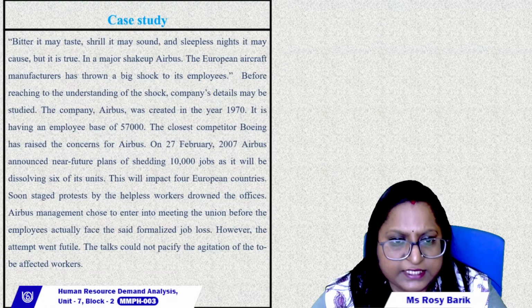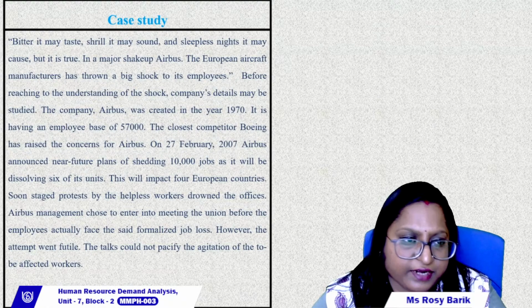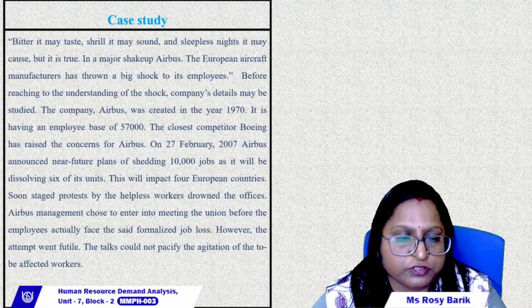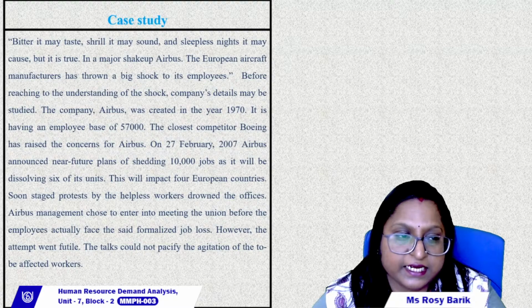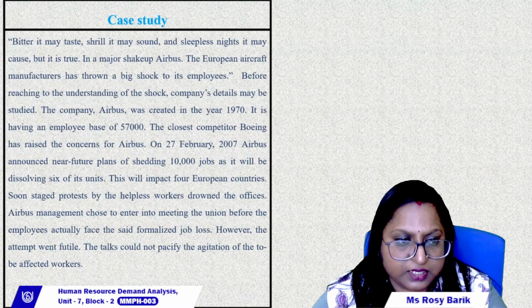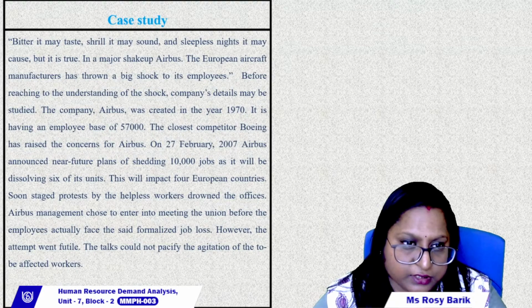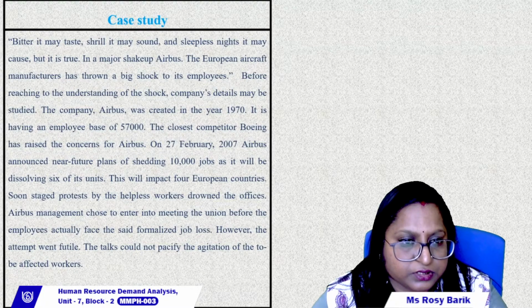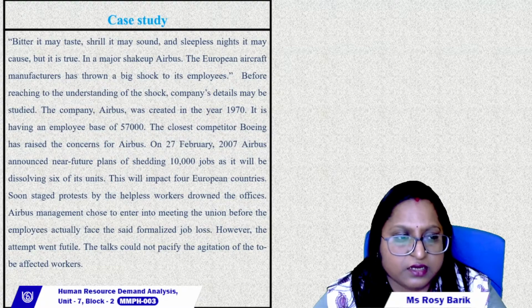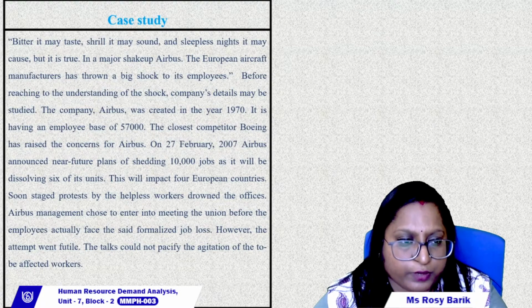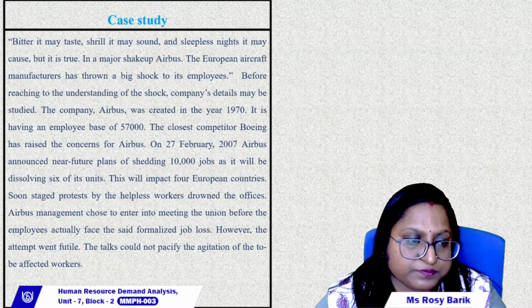On 27th February 2007, Airbus announced near future plans for shedding 10,000 jobs as it will be dissolving six of its units. So, this will impact four European countries. Soon protests were staged by the helpless workers outside the offices.